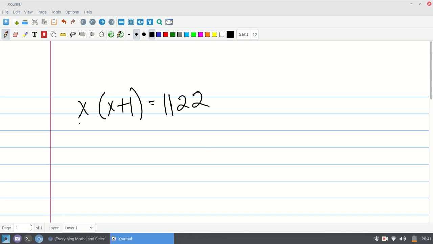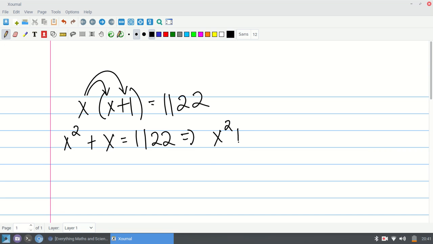So now I have to do expansion, and then I'm going to get a quadratic, and then I have to solve that quadratic. Very simple. So I get x squared plus x, because I'm expanding, equals 1122. And that means that x squared plus x minus 1122 equals 0.